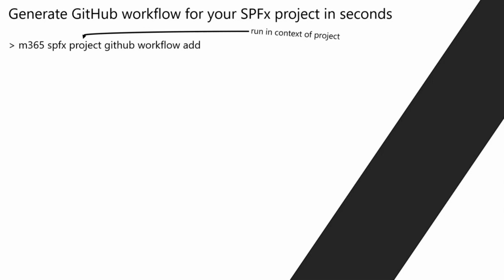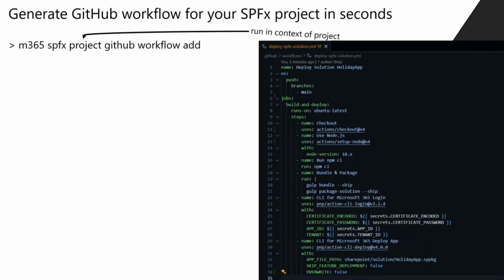The project indicates that this command needs to be run in the context of your SPFx solution, so in the same catalog where your SPFx web part, extension, whatever, basically your solution is stored. And it will generate this kind of YAML file directly in your project. You may not even understand what YAML is and how it works, but let's go over it. It's quite a simple language.